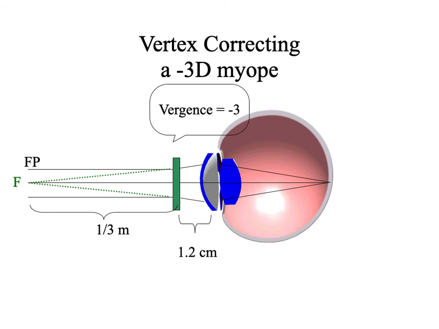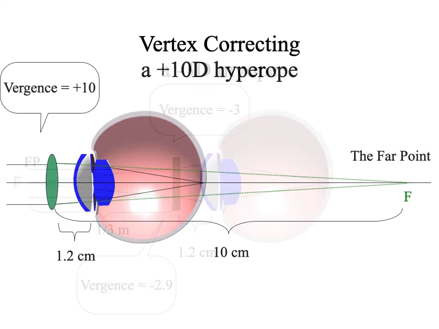I've chosen a fairly average vertex distance here of 1.2 centimeters. That's the distance between the spectacles and the patient's cornea. The vergence of the rays of light hitting the patient's cornea is -2.9. Right, so that's what it is.